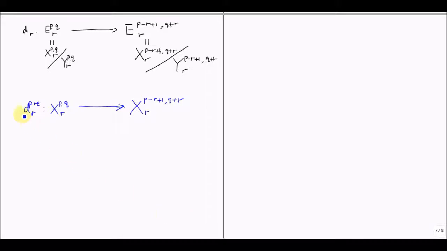Okay, so we define a d pre sub r. We first take an element from this X_r^{p,q}. By definition, it is the leading term of some s_x. This s_x, by the definition of X_r^{p,q}, is an element in S_r^{p,q}.